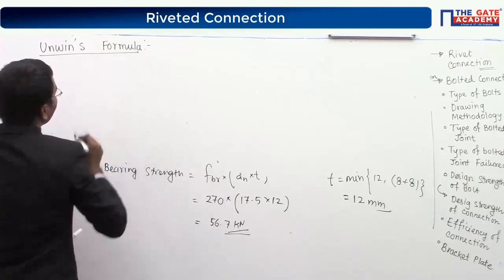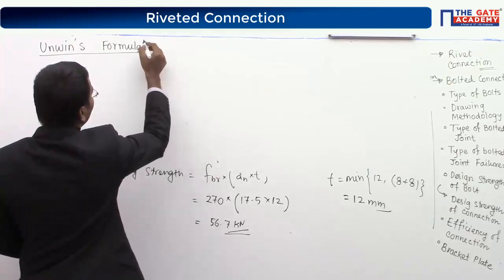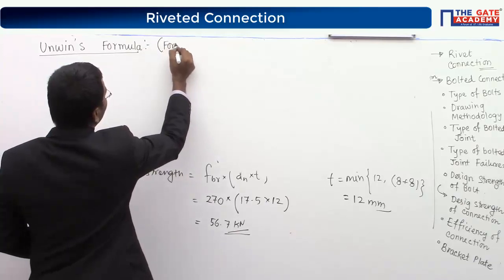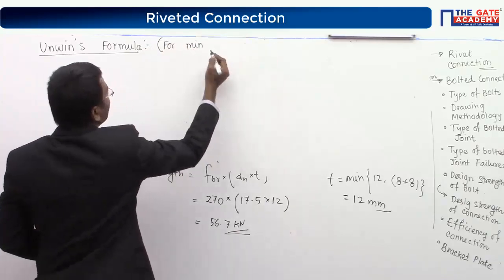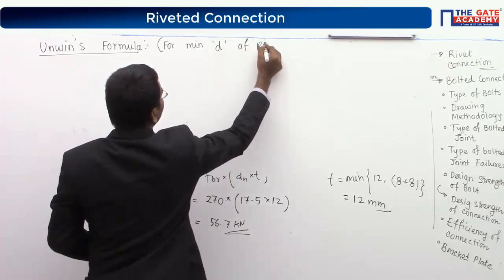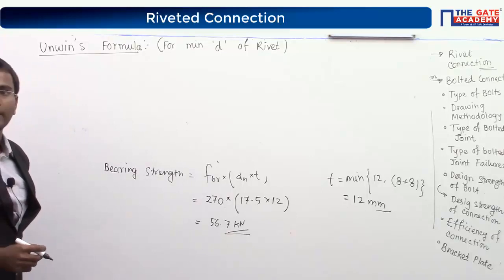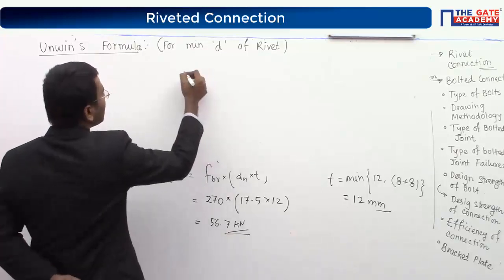Unwin's formula for minimum diameter of rivet. So this is actually given by Unwin.